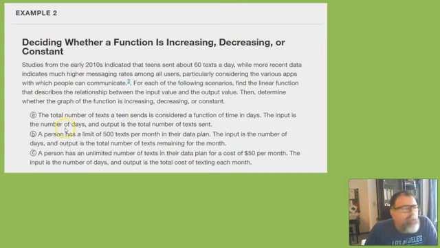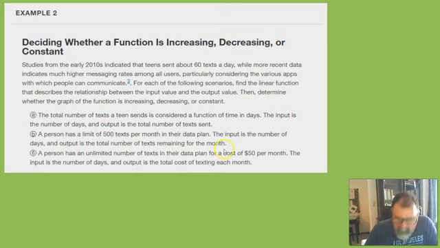Okay, so A, the total number of texts a teen sends is considered a function of time in days. The input is the number of days, and the output is the total number of texts sent. So we want to find the linear function that describes the relationship between input and output.